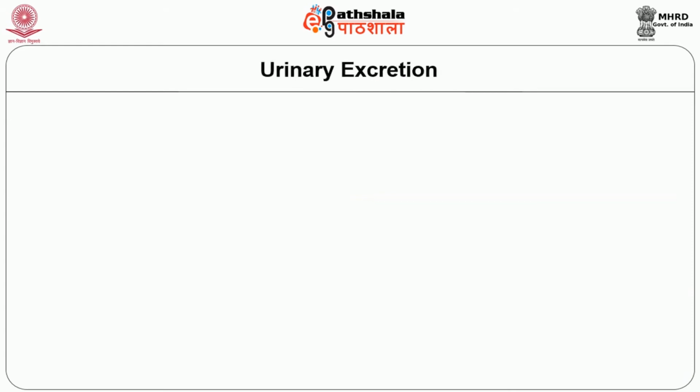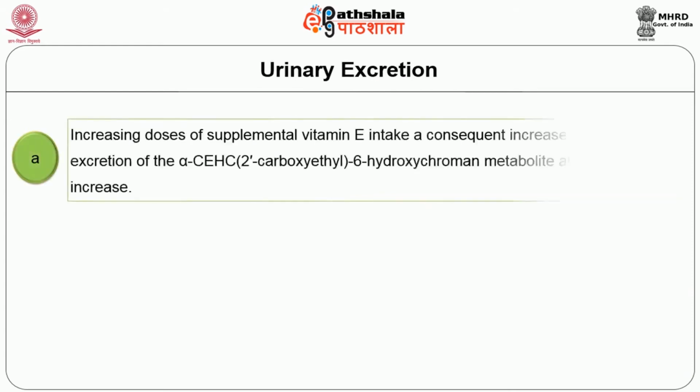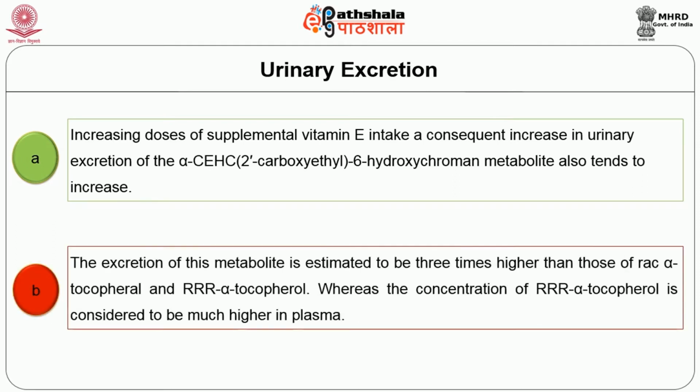The main mode of excretion is through urine. With increasing doses of supplemental vitamin E intake, a consequent increase in urinary excretion of the alpha carboxyethyl 6-hydroxychromone metabolite tends to occur. The excretion of this metabolite is estimated to be 3 times higher than those of alpha tocopherol and 3R alpha tocopherol, whereas the concentration of 3R alpha tocopherol is considered to be much higher in plasma.